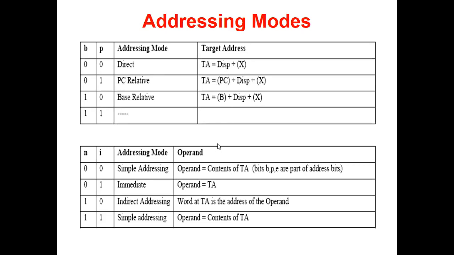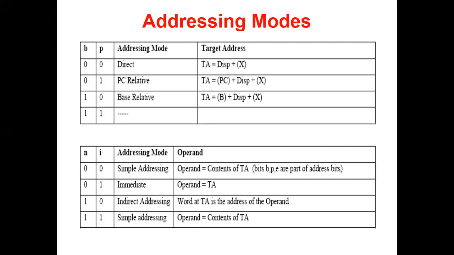Okay? Then these N and I bits I think you can also remember. Any I 1, N 0, immediate. Okay? So with the immediate, it is the target address which you take. Then N 1, I 0, indirect.